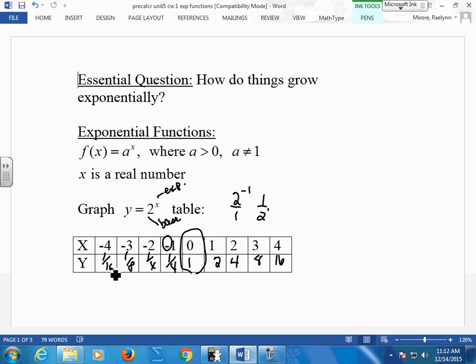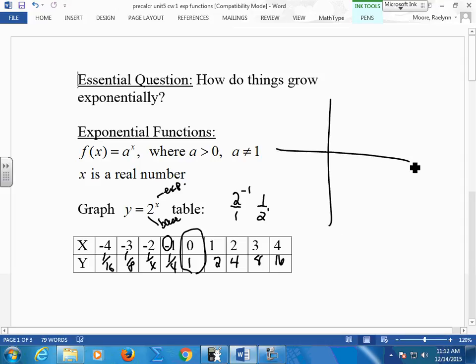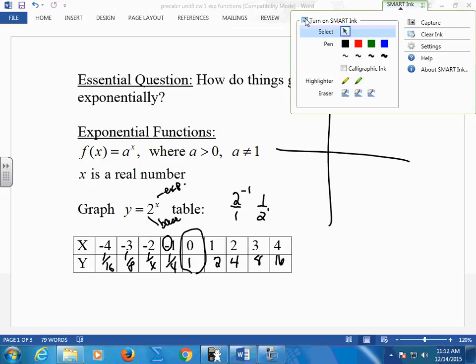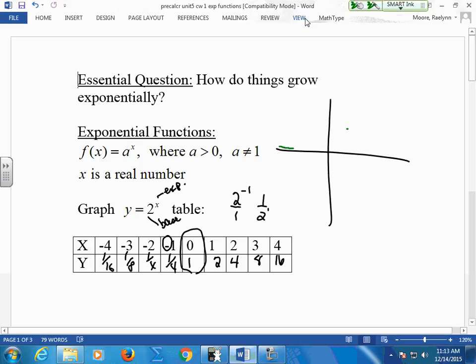Now when we graph this, again, we're basically going to do a little sketch. We don't graph by the points, but I just wanted you to see the points because we're going to compare it to the 5. And your graph is just going to go like this. What's the domain for this graph? Good. All real numbers.